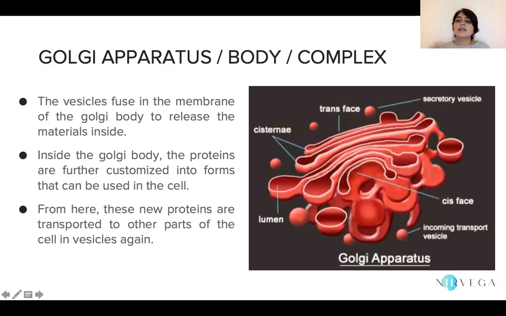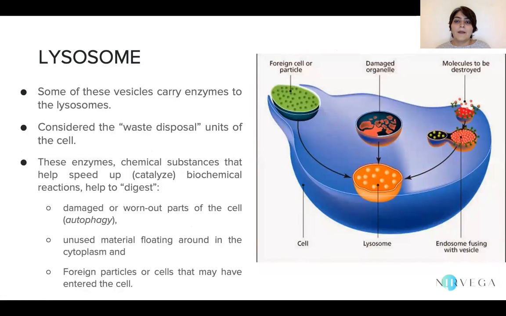Once again, just like a water droplet can separate from the entire pool of water, the secretory vesicle separates from the entire Golgi body and then it becomes an independent unit once again suspended in the cytoplasm. And again from here this secretory vesicle carries new proteins which are then moved to the other parts of the cell. Now let's move on to the next important cell organelle, and that is the lysosome.